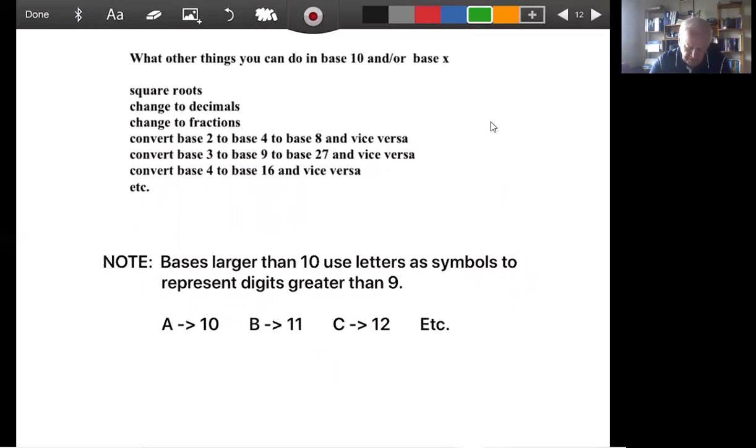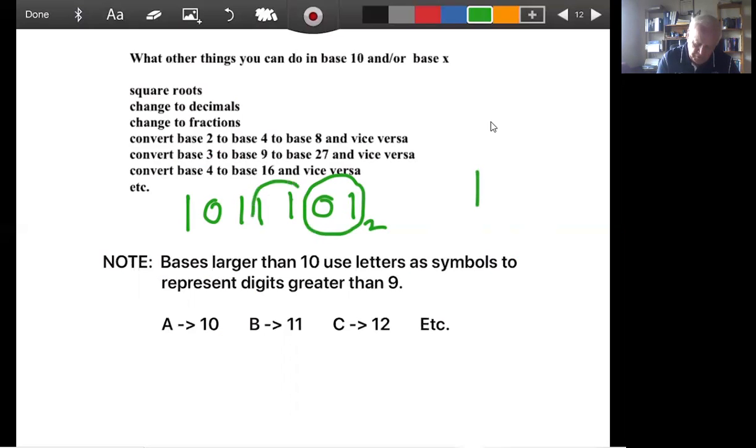This is pretty interesting. I'm just going to make up a base 2 number. That's base 2. And if I want to change that to base 4, you realize that 2 squared is 4. So it takes 2 bits to make a base 4 digit. So we can take those 2, that's 1.